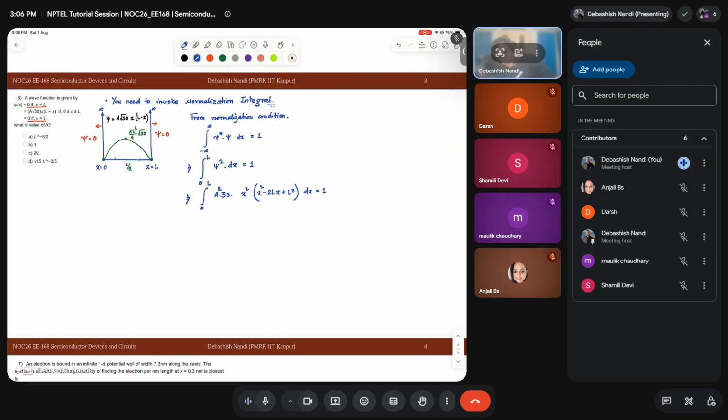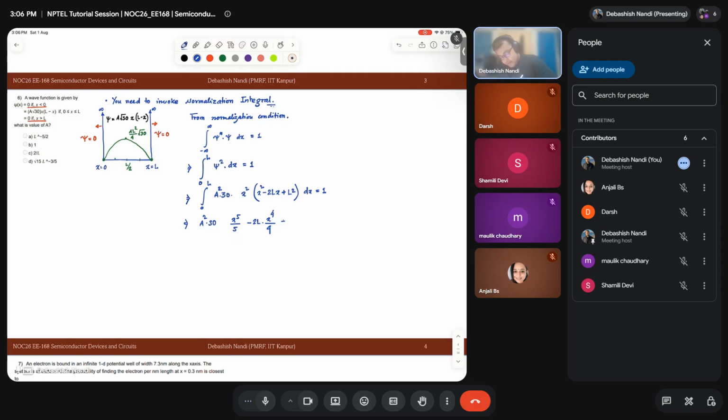Fine. Then moving on with the integration, A square 30. Here I'll have x raised to 4, so that will give me x raised to 5 by 5. Then minus 2L times x cube, so that will give me x raised to 4 by 4.